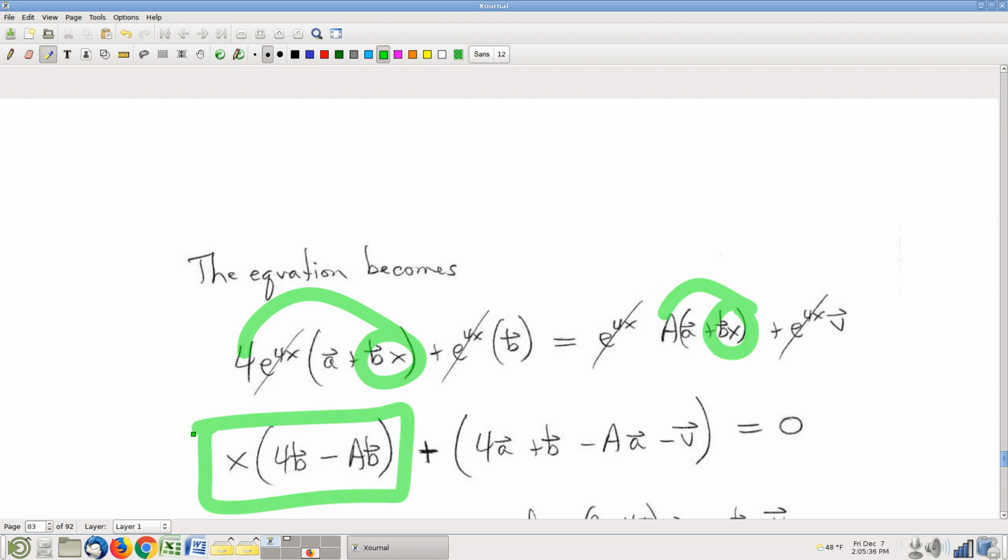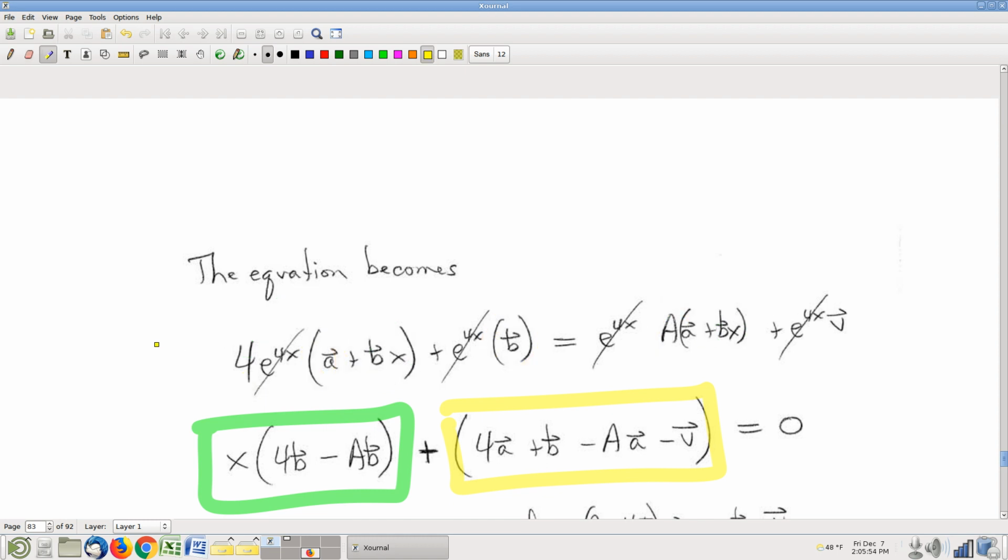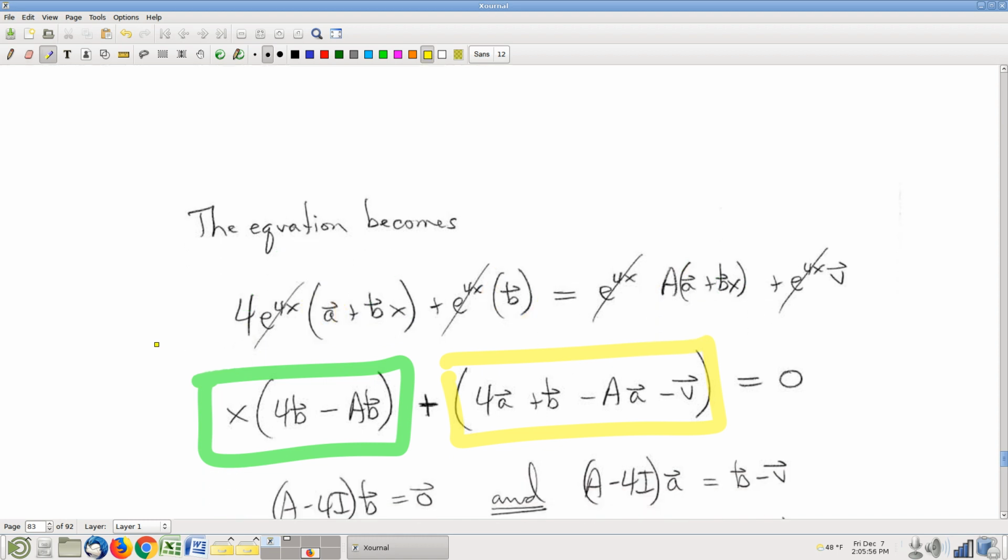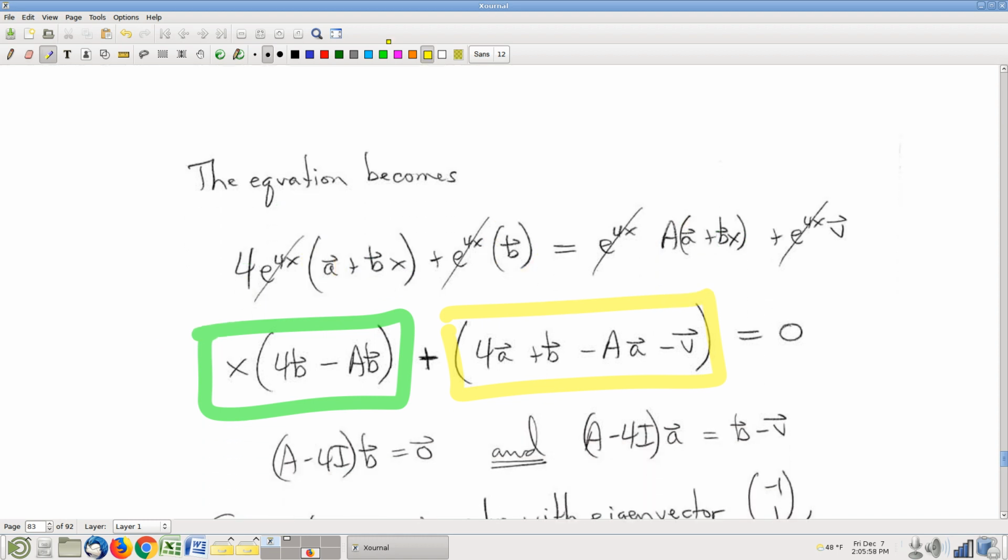Those give you these. And then there are terms with no x's. That gives you this. So all of that business above simplifies like that, and thus gives me two equations to solve.